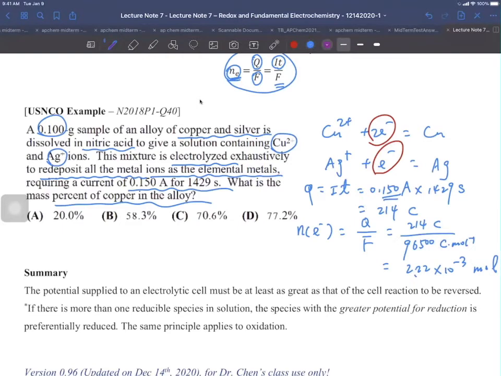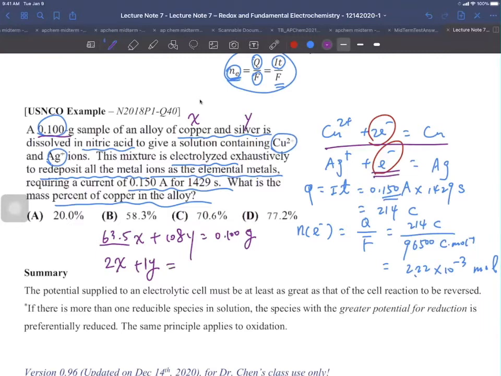Let's say the moles of copper is X, and the moles of silver is Y. We can check the molar masses of copper and silver to set up an equation for the total mass, which is 63.5, if I remember right, the molar mass of copper, times X, plus 108, the molar mass of silver, times Y, equals 0.100 gram. And another equation we can make is X times 2, because each copper 2+ gains 2 electrons, plus Y times 1, right?